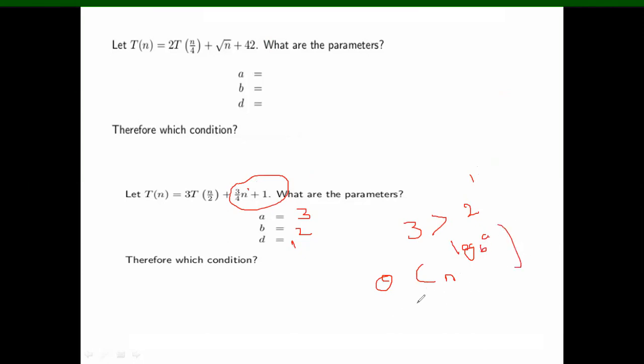Substituting, log 3 with base 2 value is 1.58. So it may be written as theta of n power 1.58. In this way you have to calculate the T of n value, the recursive relation for the given examples, by using the Master's theorem.